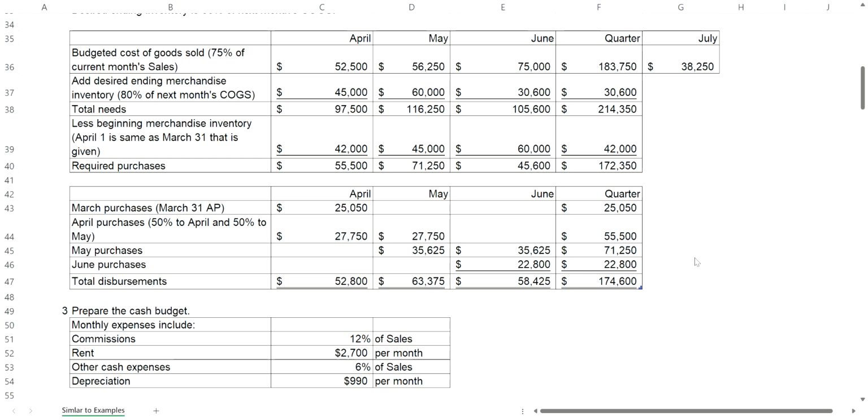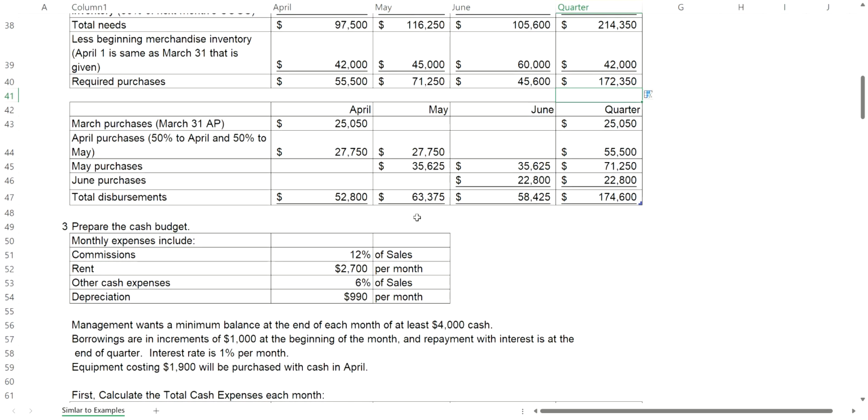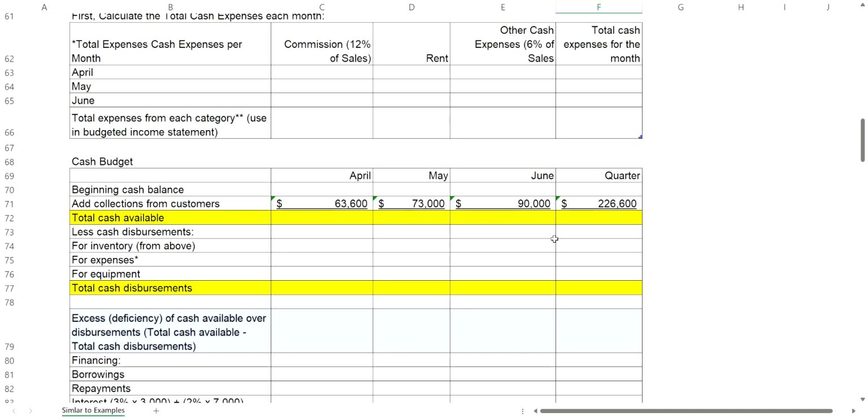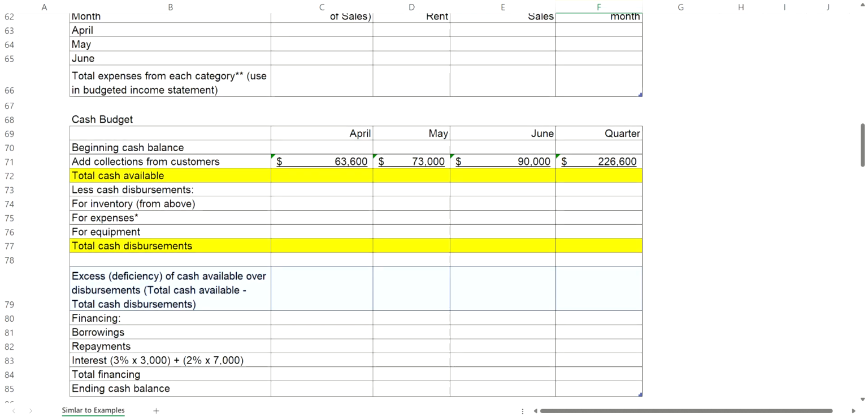Okay, next I'm going to move on to the cash budget. What I'm going to do first is these were my disbursements for merchandise, the numbers I've highlighted here. So I'm going to bring those down to the cash budget, to this row right here where it says our cash disbursements for inventory.